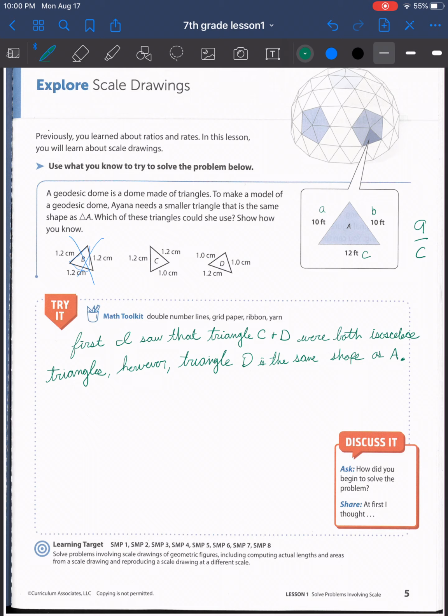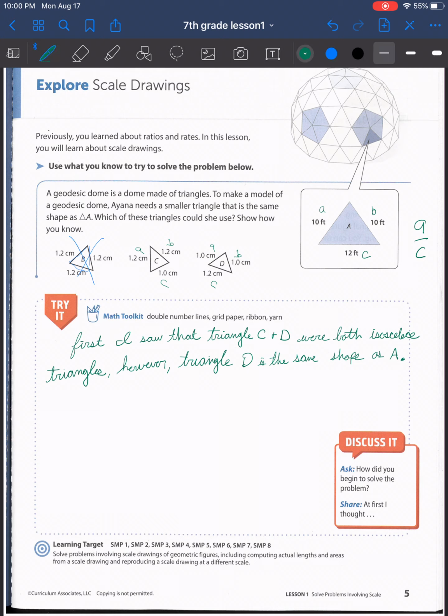Now if I go over here to my isosceles triangles, C and D, let's make a little proportion to these. So let's say this is A, this is B, and this is C. Same thing. This is A, this is B, and this is C. Let's make a little proportion with this. So back over here, we have A is to C. What is A?